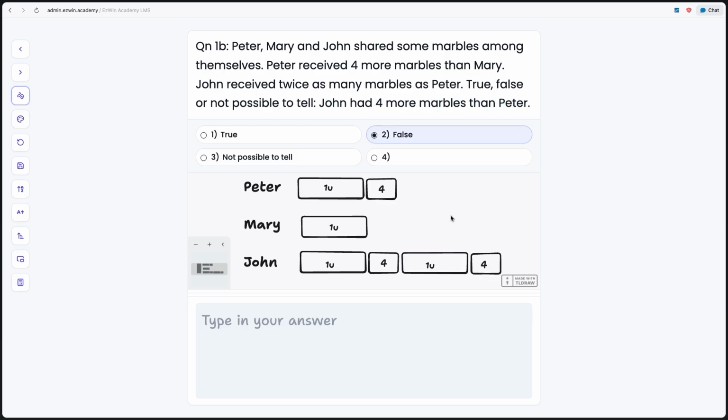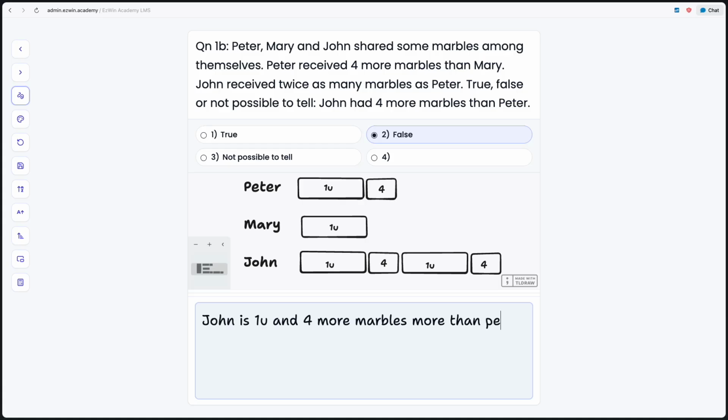Let me put John is 1 unit plus 1 unit and 4 more marbles more than Peter. All right, let's move on to the next question.